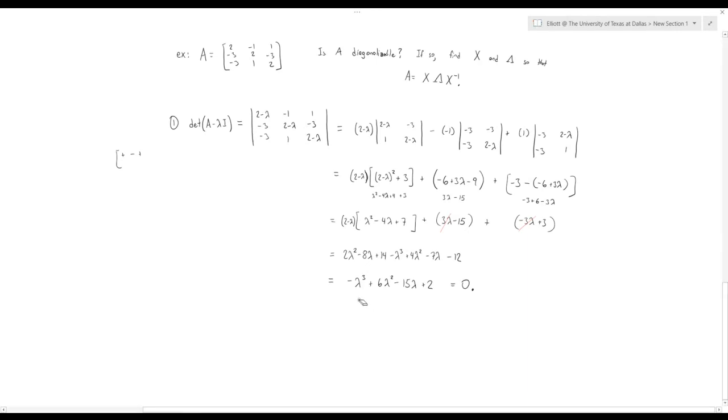Since we're setting it equal to 0, I'm just going to multiply everything by negative 1 real quick, because it looks nicer not to have a negative in front of the lambda cubed term.